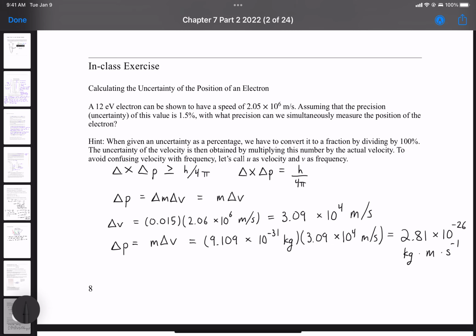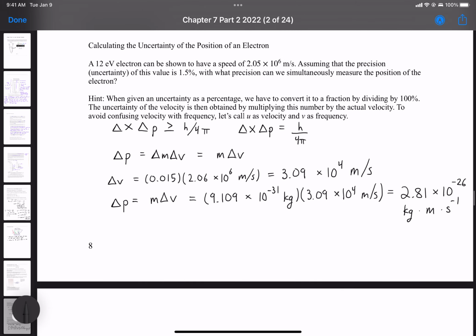Now we can solve for delta x. If we rearrange the equation for our uncertainty, delta x equals h over 4 pi divided by delta p.